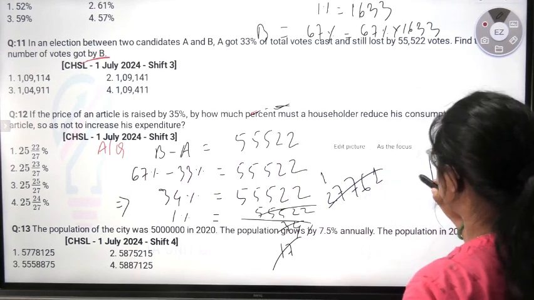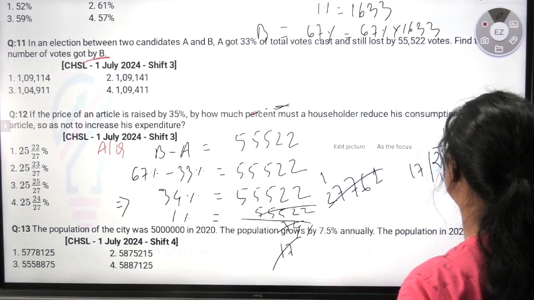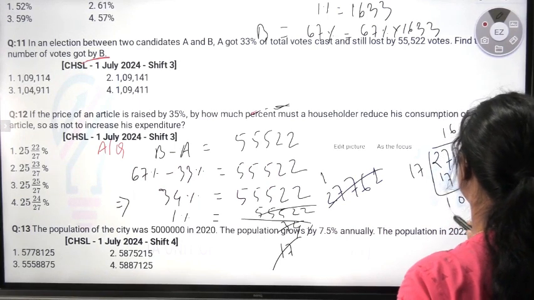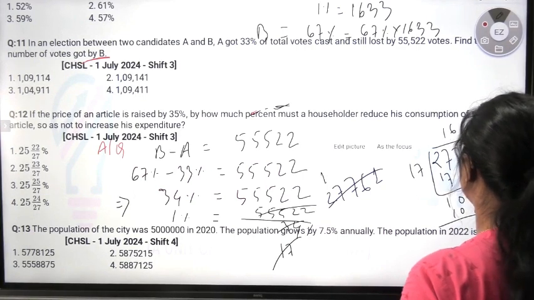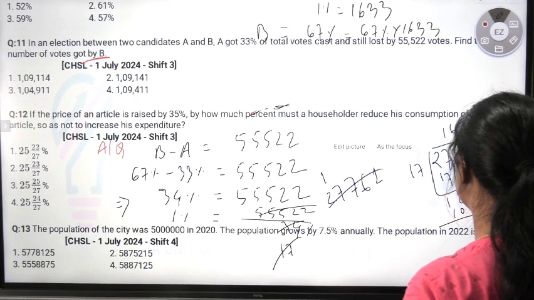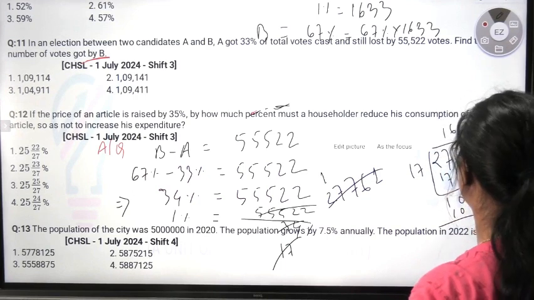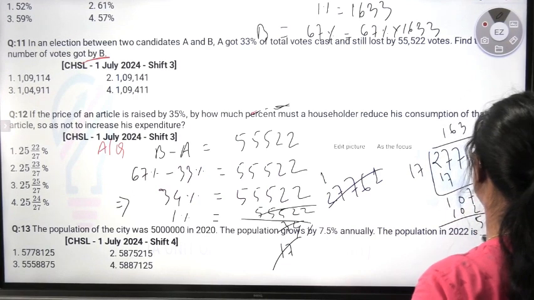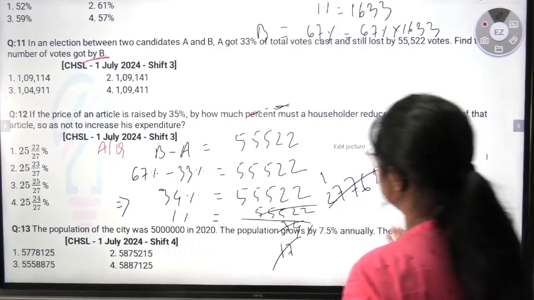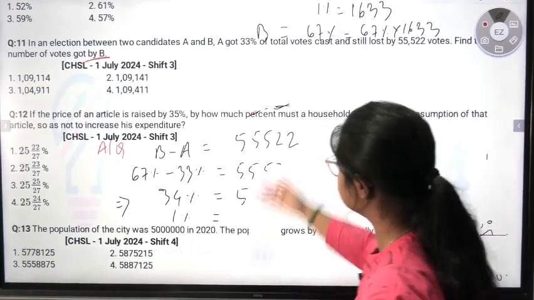So 17 1s are 17, after that 0 1 7, 17 6s are 102, then here we have 5 6 17, 17 3s are 51, and 5 1, 17 3s are 51, 1633. This is correct. Till here, this is correct.